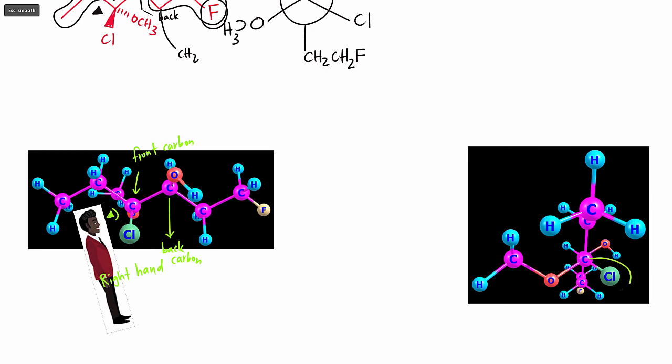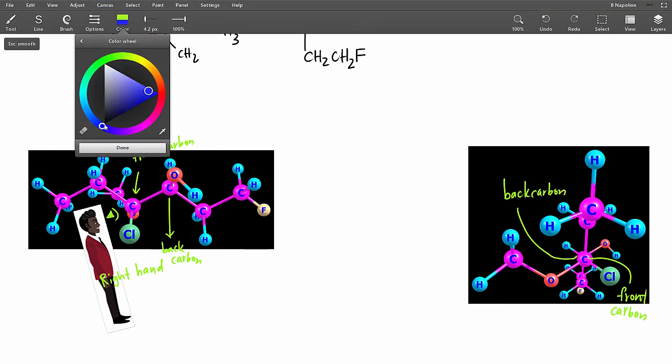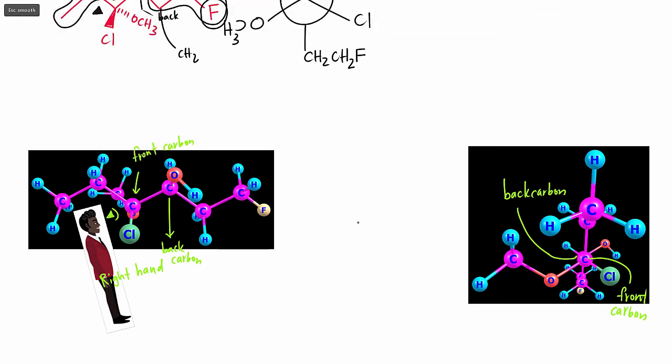Front carbon, and back here is going to be the back carbon. Now, you can see how this easily makes your projection. You see you have a Cl coming to your right, OCH3 coming to your left. You see that this thing here is going up, which is your what? CH2, CH3.